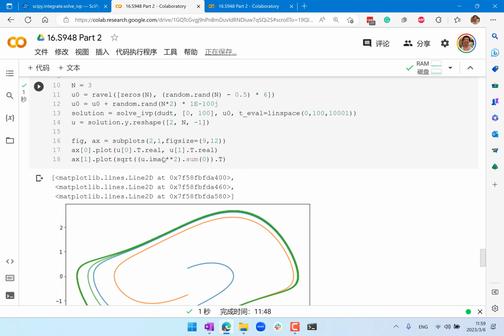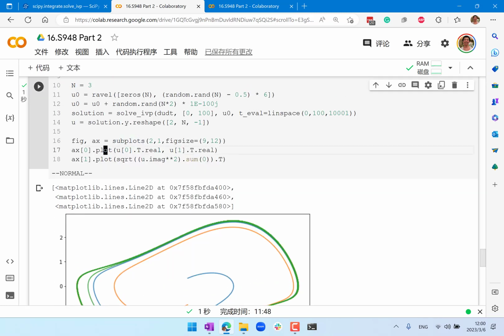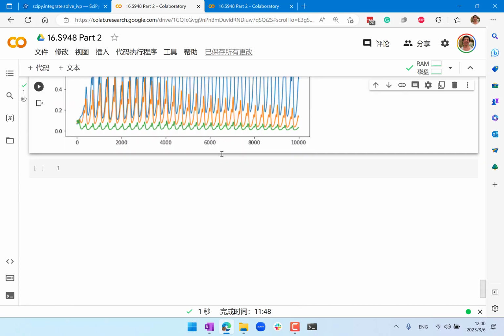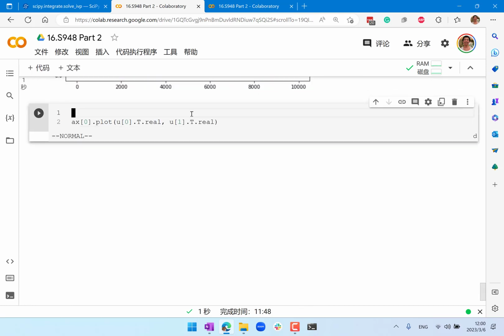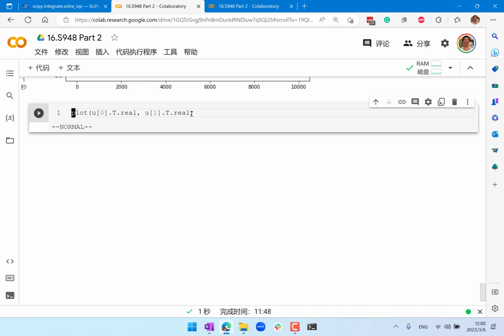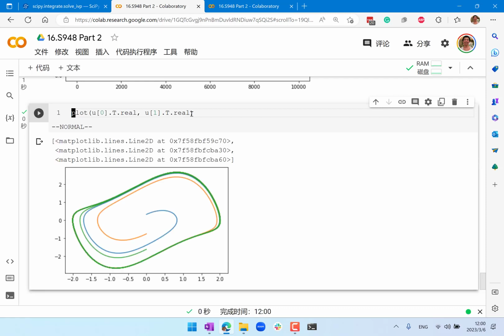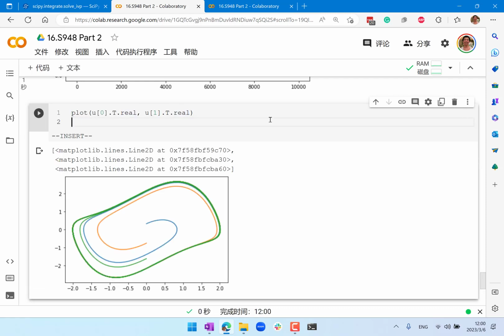So let's first of all plot the trajectory, plot the real components of the trajectory. Okay, let's then also plot the perturbations. So how do we plot the perturbations? We have u0 dot imaginary component, that's the perturbation in the x direction, and we also have the perturbation in the y direction.